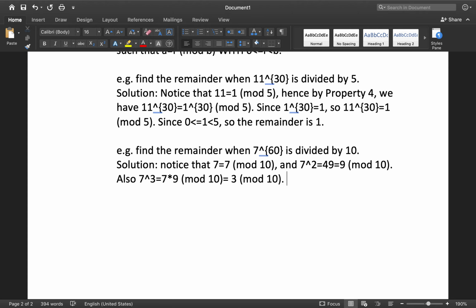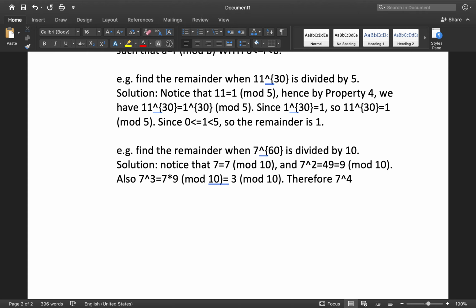I mean, if the base is equal to 3, then 3 to the power 60 is still a huge number. Now, the only thing you need to do is to try to find some power that gives you 1. It's very close, so if you take one more time, I mean 7 to the power 4, let's see what it is.